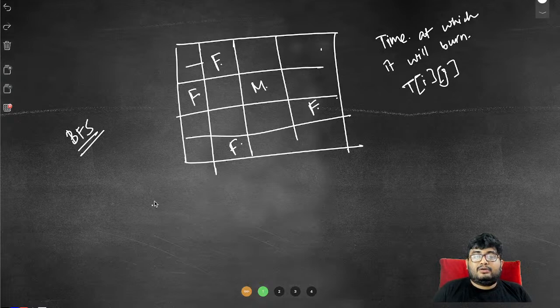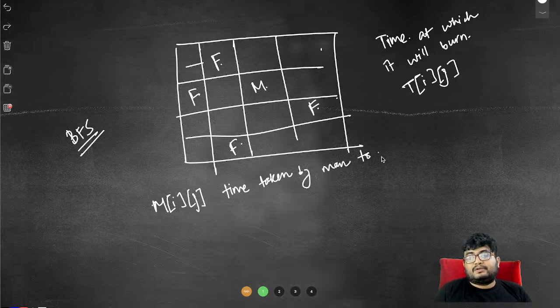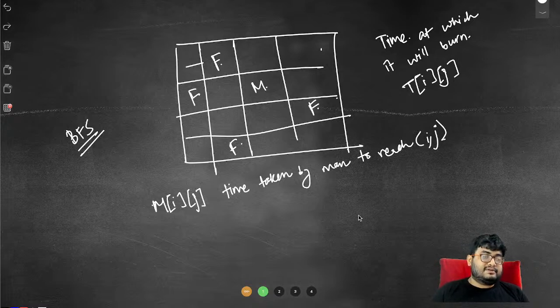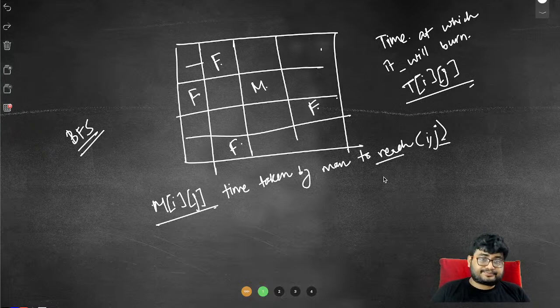And also, let's say Mij is the time taken by the man to reach ij. Mij is the time taken by the man to reach ij, and the time at which it will burn is Tij.